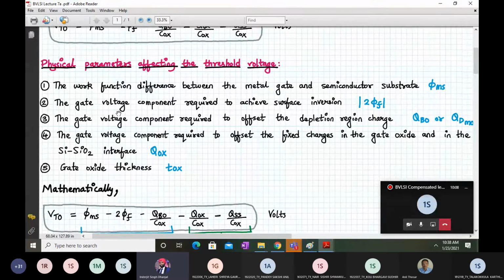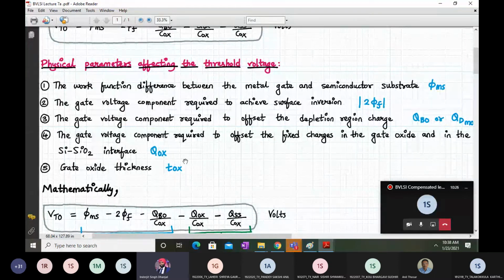The second gate voltage component is required to achieve surface inversion. The amount of band bending is the mod of twice phi f. Actually, it should be minus twice phi f, but we take the mod of twice phi f. The third gate voltage component is required to offset the depletion region charge.